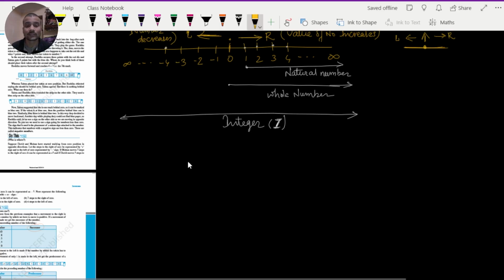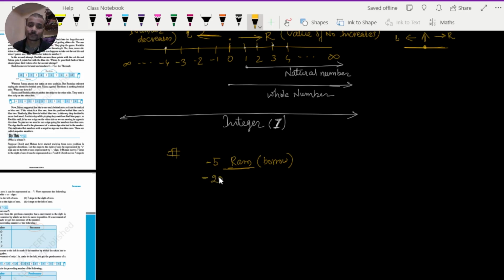If I am saying to you that I have borrowed 5 rupees from Ram, and you say you have borrowed 20 rupees from Shyam, which one is in a good position, you or me?